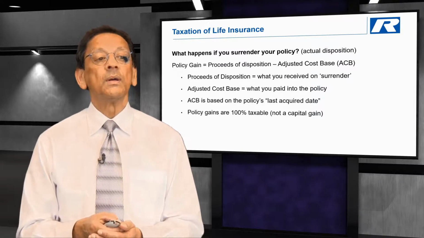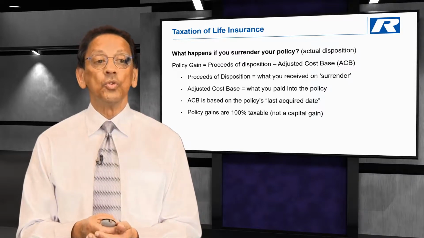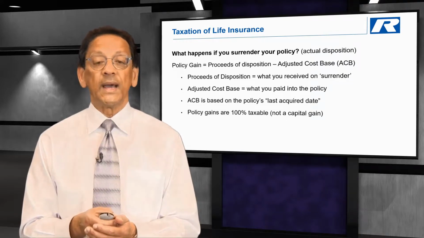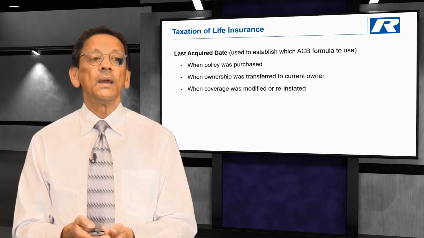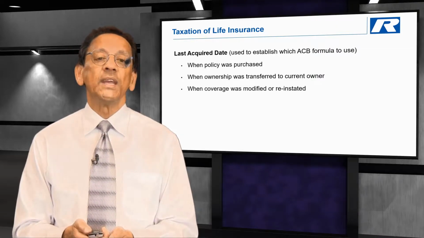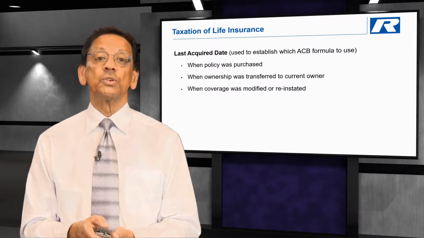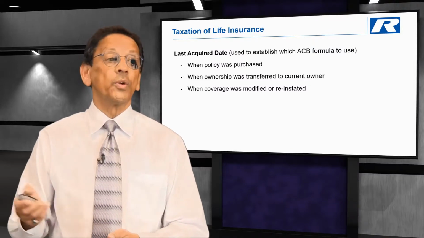On December 1st, 1982, Revenue Canada made changes to the Income Tax Act, and they changed the formula for the adjusted cost base on an insurance policy from that date going forward.